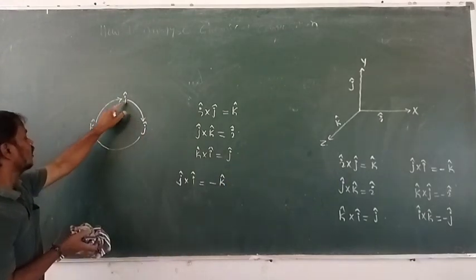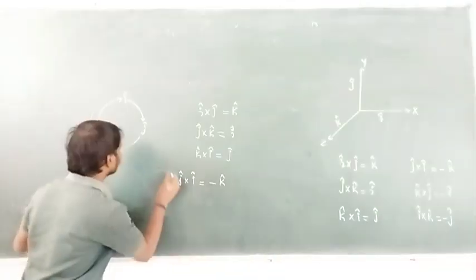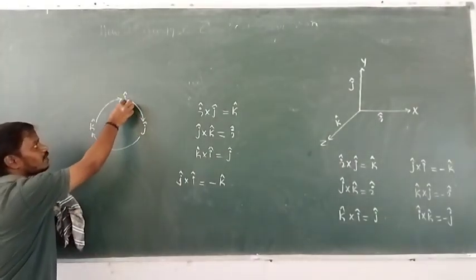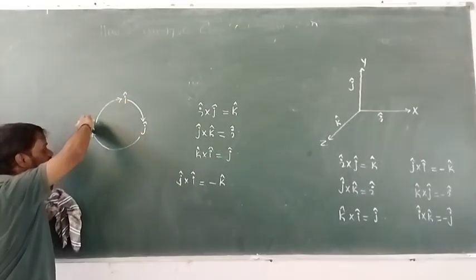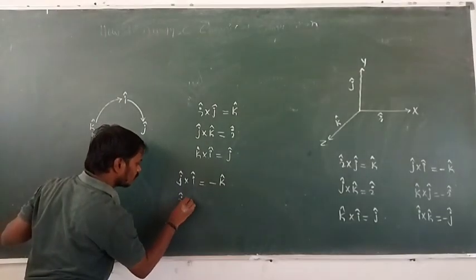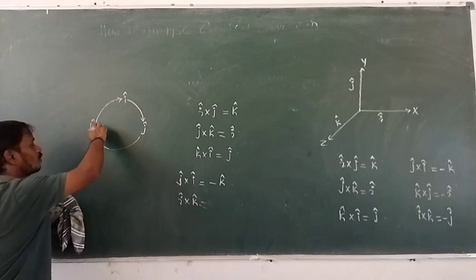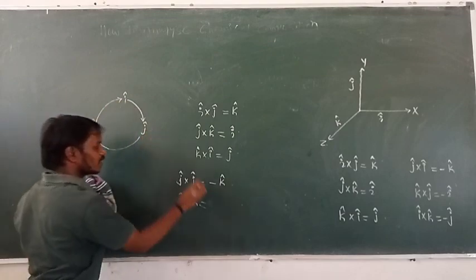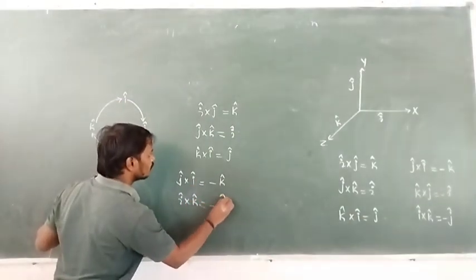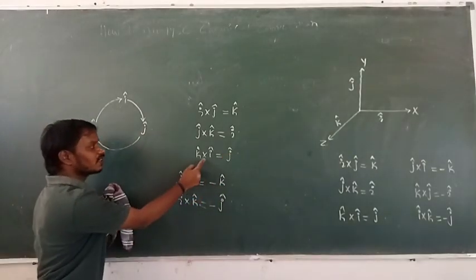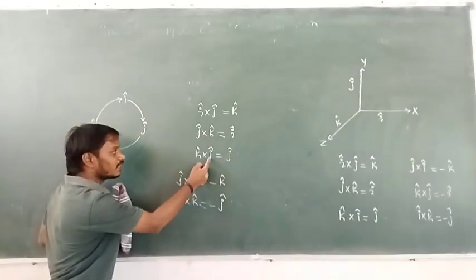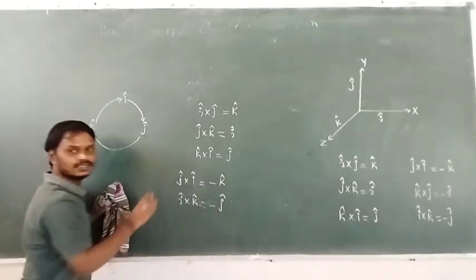Next, i to k. The cross product of i to k gives minus j cap. See, k cross i is plus j cap, but i cross k is minus j cap.